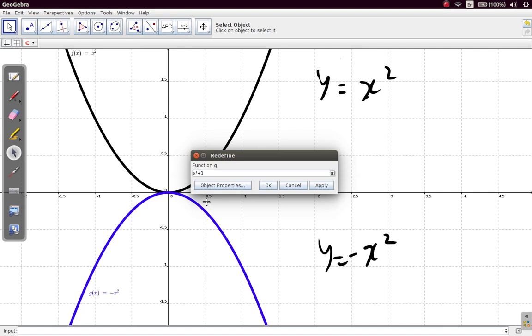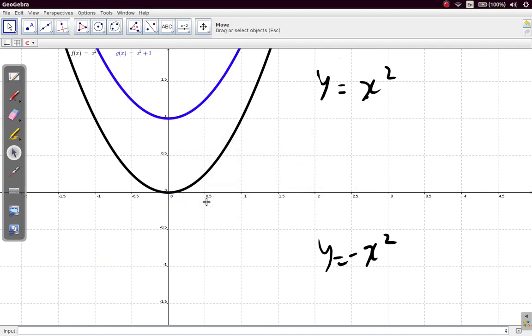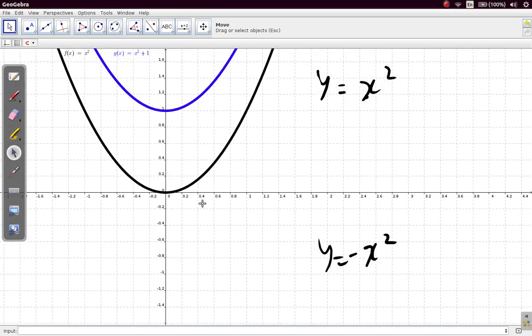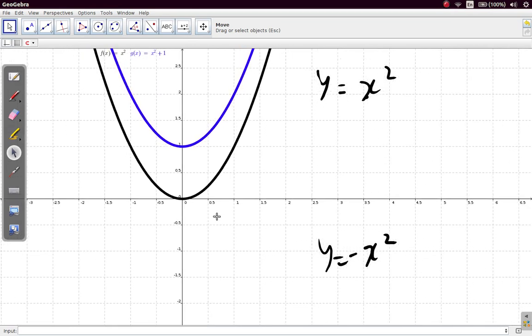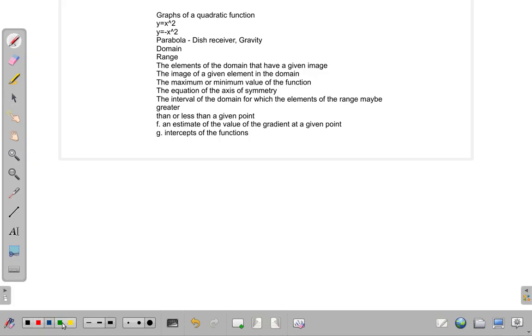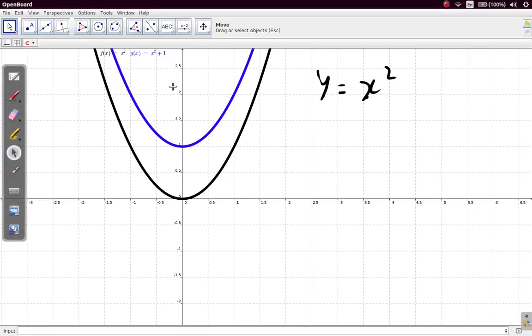What would happen? Let's zoom out and see it from a greater distance. Now, in blue we have x squared plus 1. Let's change the color of our ink to blue. We have y equals x squared plus 1.